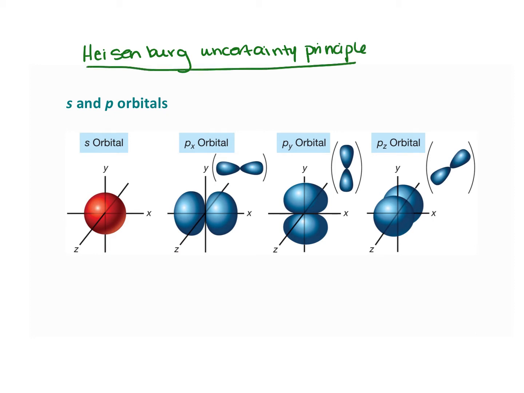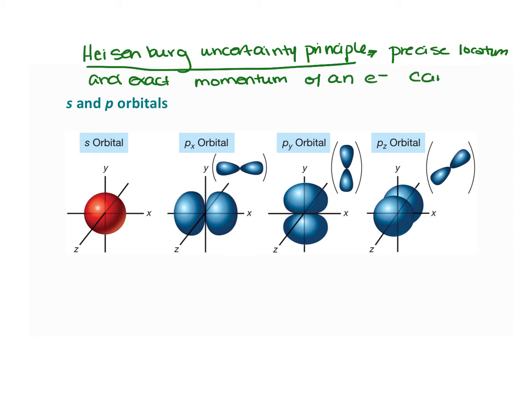The Heisenberg uncertainty principle says that the precise location and exact momentum of an electron cannot be simultaneously determined.